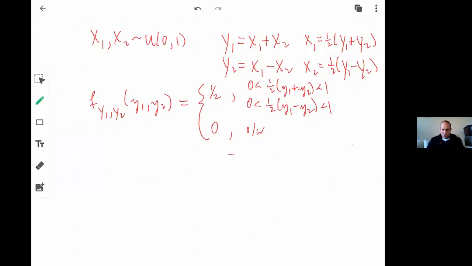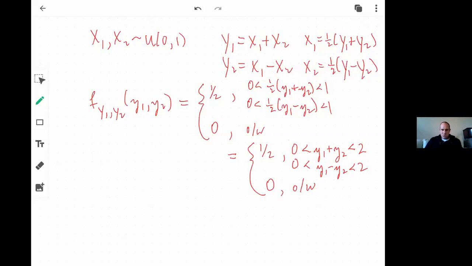I'm going to rewrite this as 1/2, and if I multiply the inequalities through by 2, this is for 0 less than y1 plus y2 less than 2, and for 0 less than y1 minus y2 less than 2, and 0 otherwise.